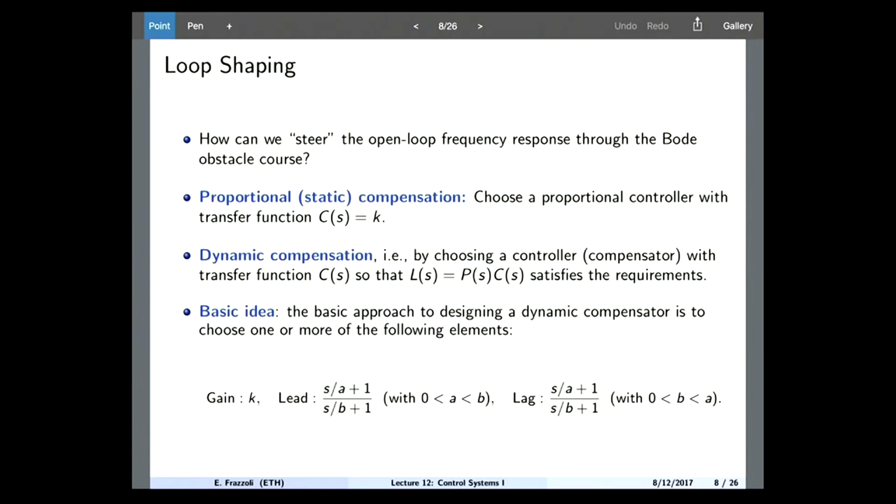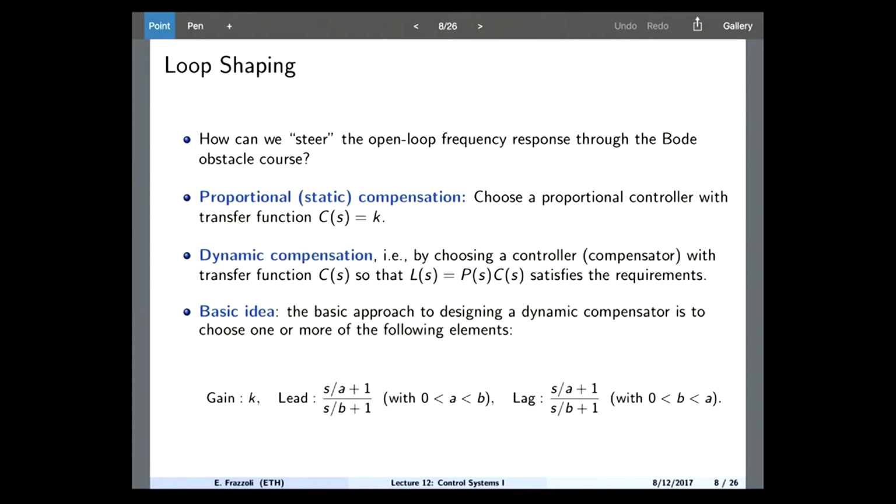We have a number of tools at our disposal, okay? The first one is, as in PID control, proportional compensation, okay? So what is the effect of proportional gain on the Bode plot? The effect is just to shift the magnitude plot up and down, okay? I increase the gain, I move the whole Bode plot up, okay? The magnitude plot. What happens to the phase plot?